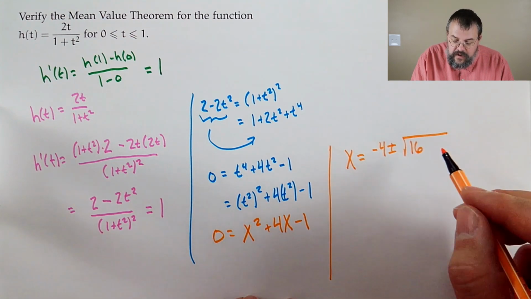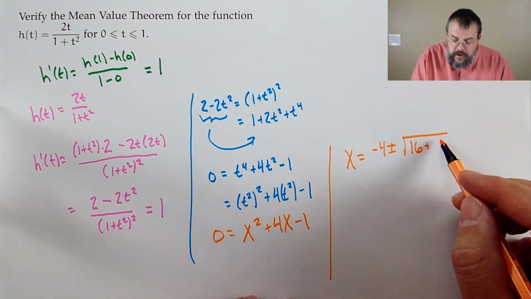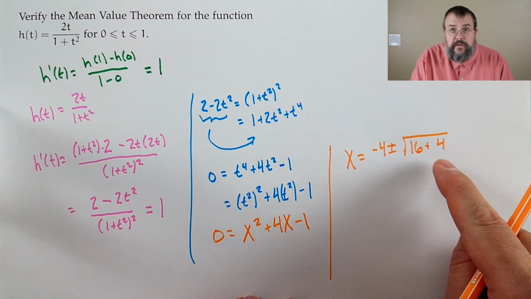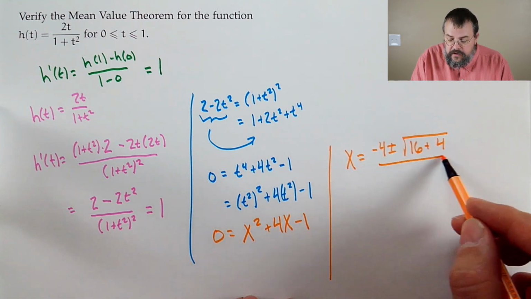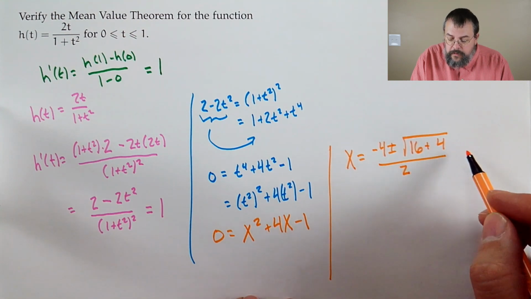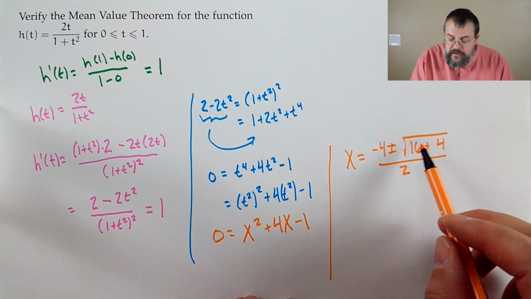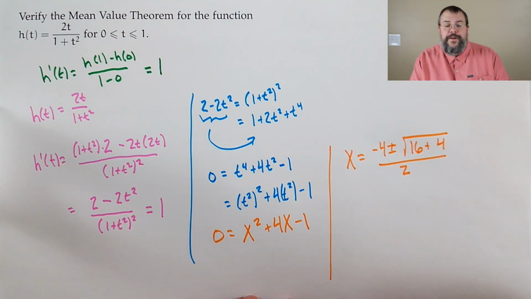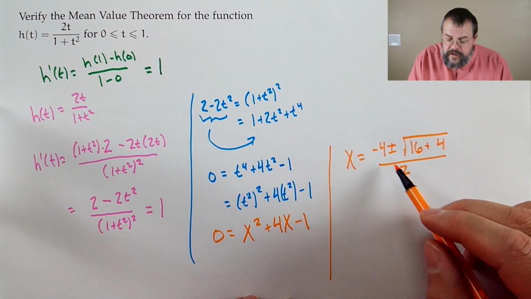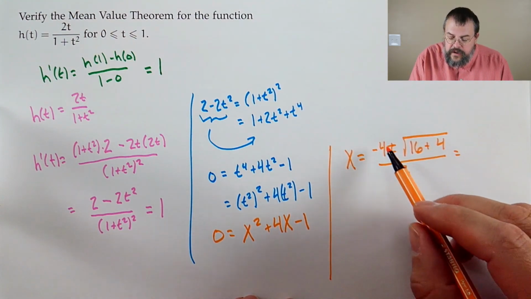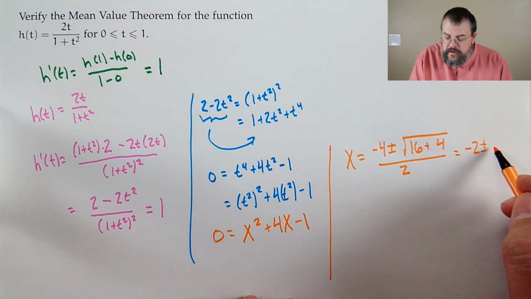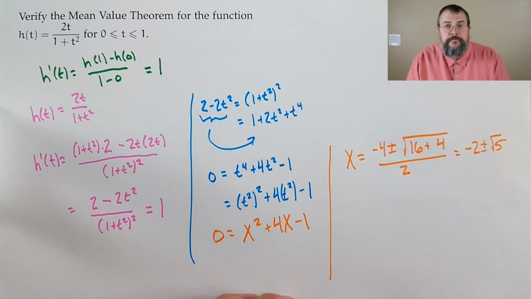Well, that would be 16 plus 4, because there's that minus 1, makes it minus 4, or plus 4, all over 2. Well, now 16 plus 4 is 20, and that has a factor of 4 in it. And you can pull that factor of 4 out of the square root. You'll get 2 root 5. And then you have the factor of 2 as well. So you can divide the 2 through. So this is negative 2 plus or minus square root of 5.